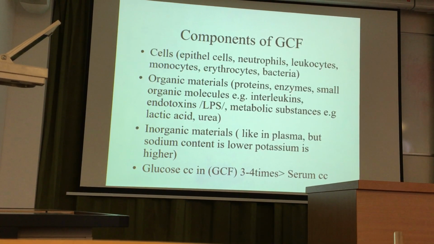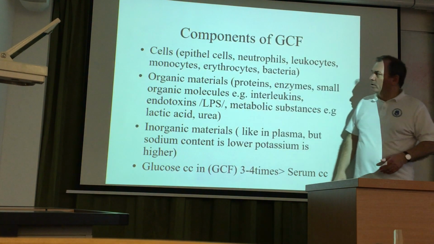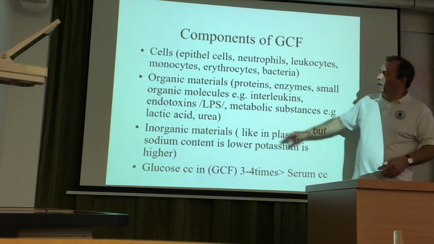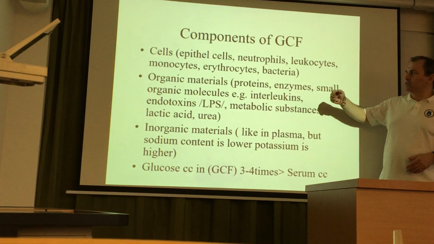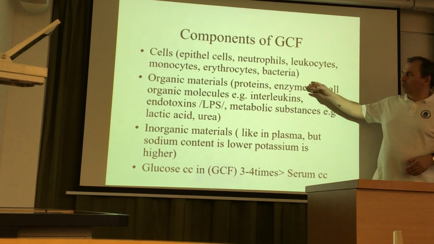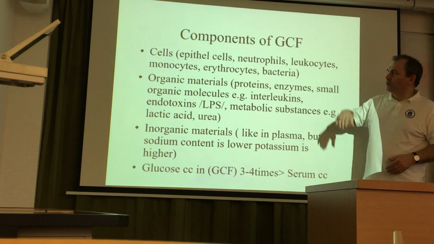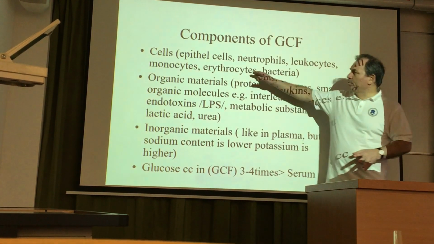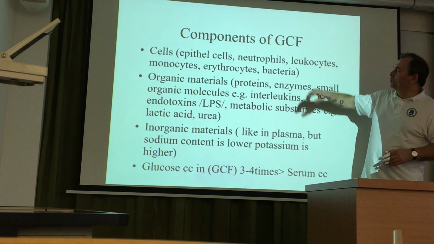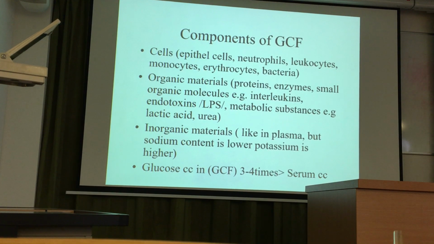You have different components inside. We have a cell component: epithelial cells, shedding epithelial cells, so the uppermost layers could be eliminated this way. Then neutrophils or polymorphonuclear leukocytes.